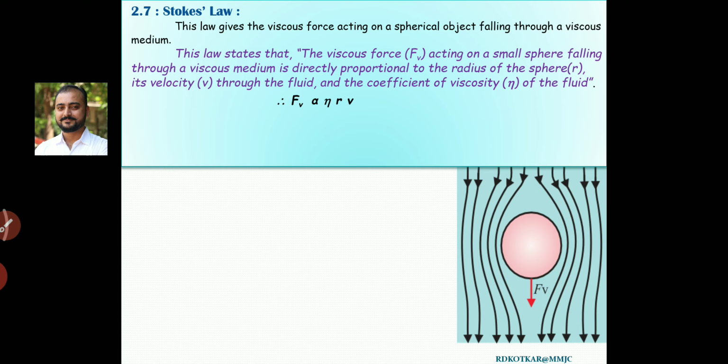Removing the proportionality sign and putting an equal sign, we have Fv equal to 6 pi eta R v, where Fv stands for viscous force. This 6 pi is a constant of proportionality.